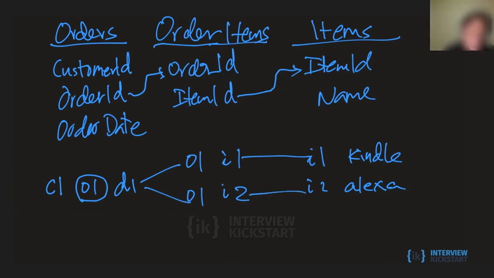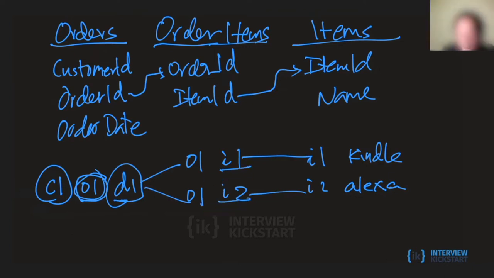So we know that C1 placed order one on day one, and order one has two items, which are Kindle and Alexa. So first, visualize the question. If you got this right, then you should be able to answer the questions.